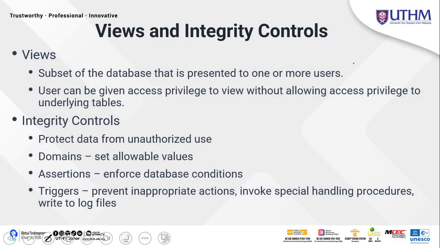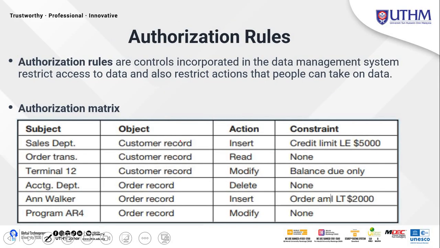Next is integrity control. We try to protect our data from unauthorized use, so we should have a password. The password should have good alphanumeric values and so on. You can see authorization rules are incorporated in the data. So how do they control when you have authorization?